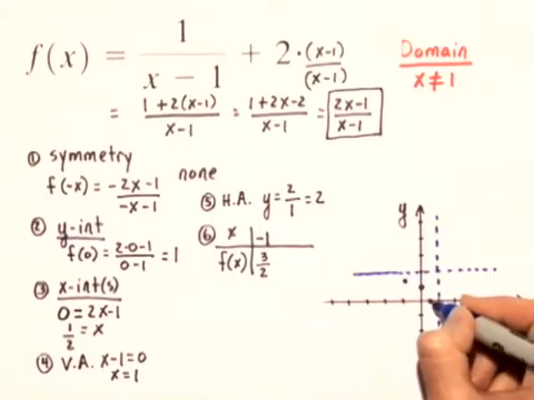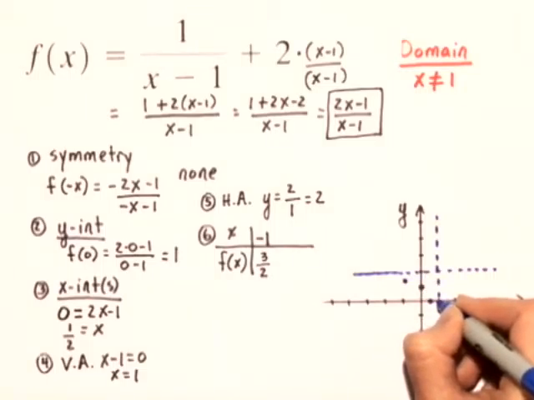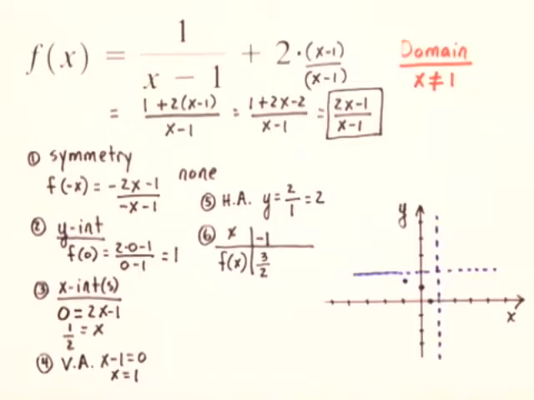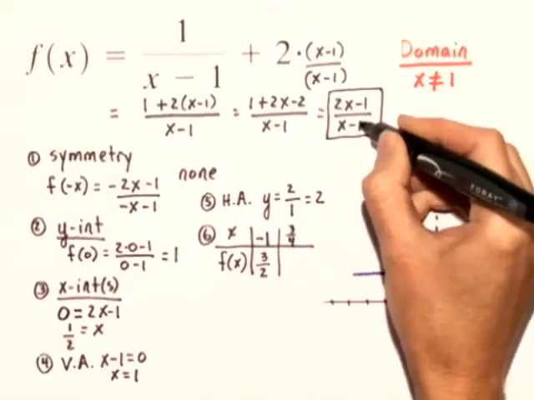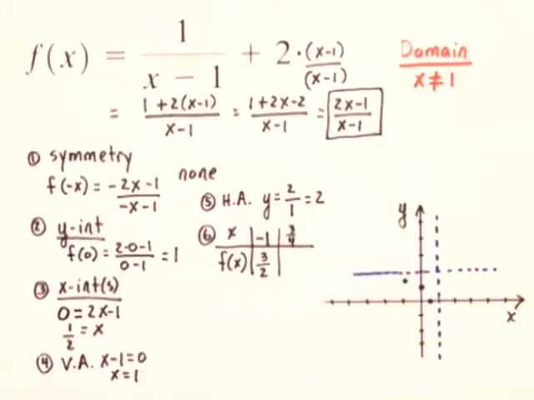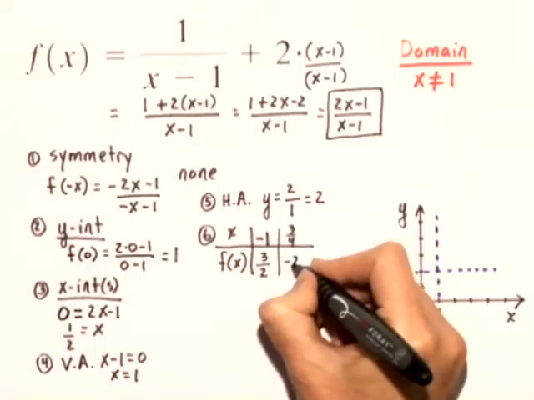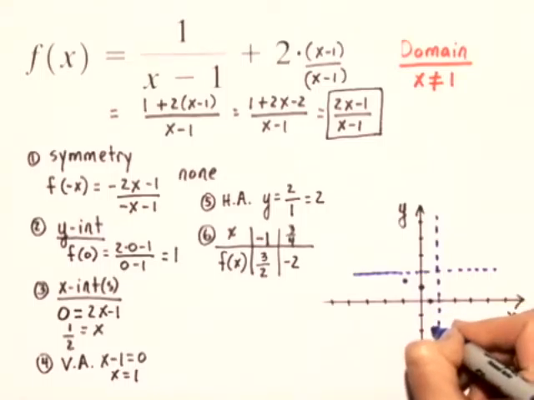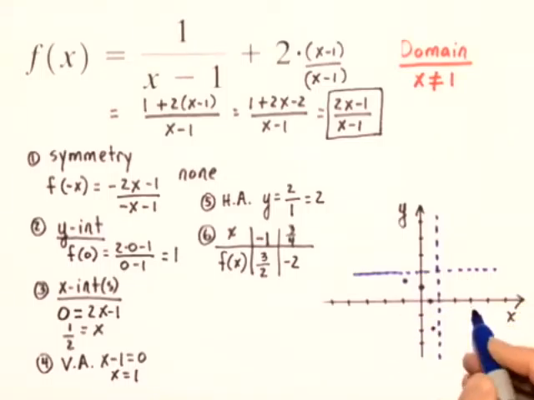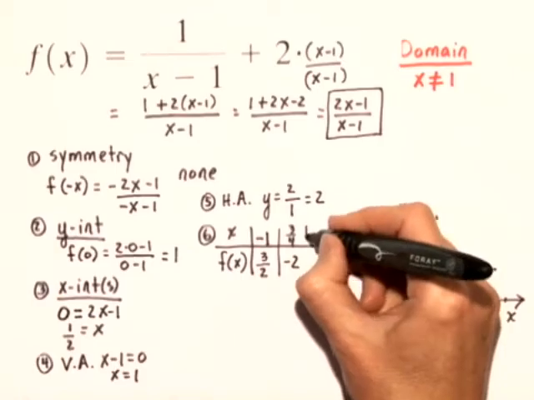Now let's choose a point between 1/2 and 1. Let's pick, say, 3/4 for x. If I substitute in 3/4 into my rational function, then I'll get the value -2 for f of x. So I'm going to plot that, (3/4, -2). And then finally, let's choose a value to the right of my vertical asymptote. I chose the value 2.